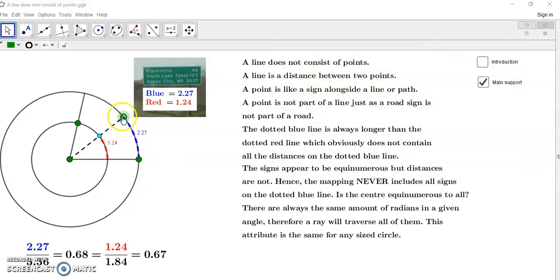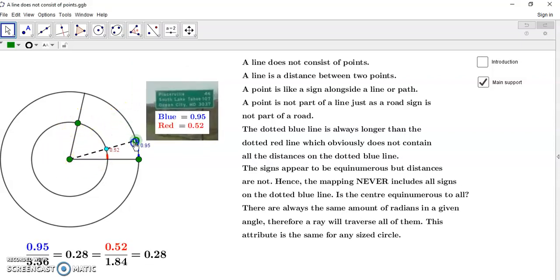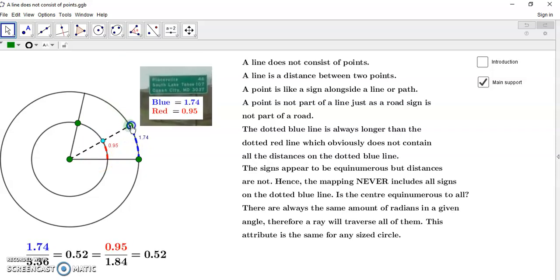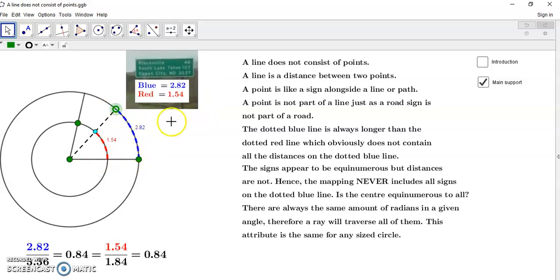So you'll remember that I showed you in any circle, doesn't matter what the size of the circle is, the number of radians is always the same, right? So if we take any angle and rotate it, we're always going to have a length, a distance, and these numbers here are not the actual distance, they're approximations, because a lot of the distances on the circumference of a circle cannot be measured.